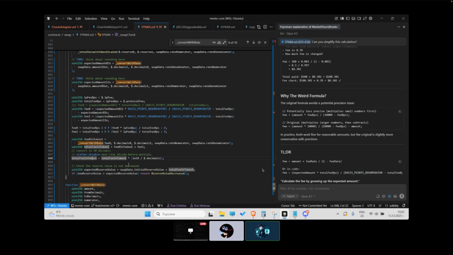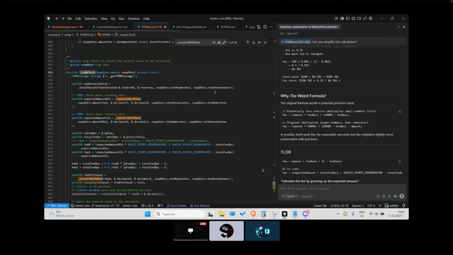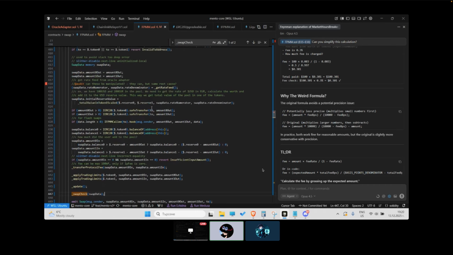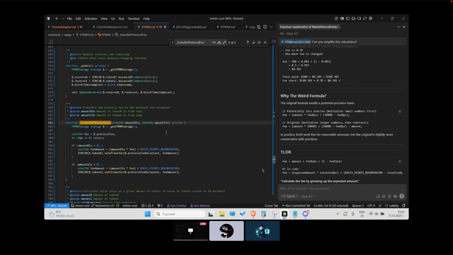Okay, then let's continue. So yeah, okay, we were here, right? Yes. We needed to check this function also, but I think it's pretty simple.